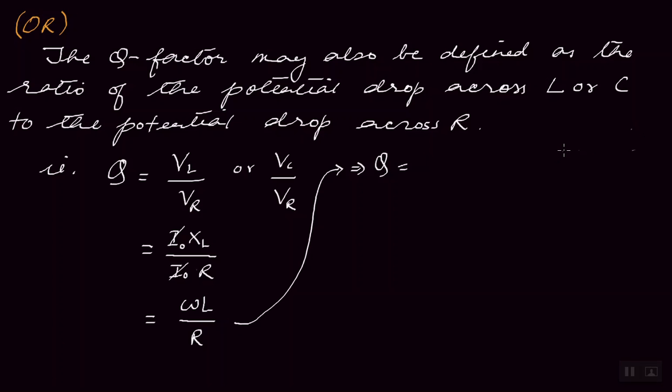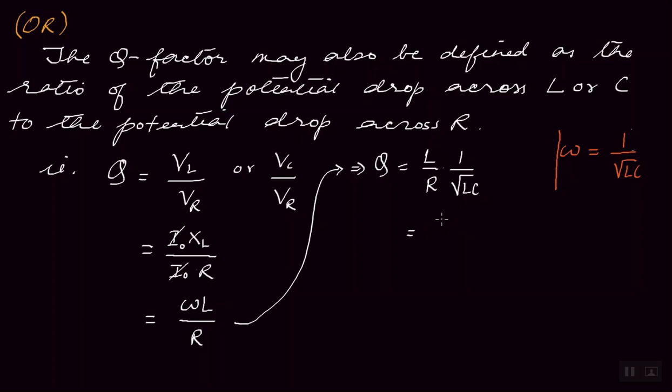Let's take red. Omega is 1 by root LC. Let us make use of this. So instead of omega, I can write, let me take L by R in front, then this will be 1 by root LC.